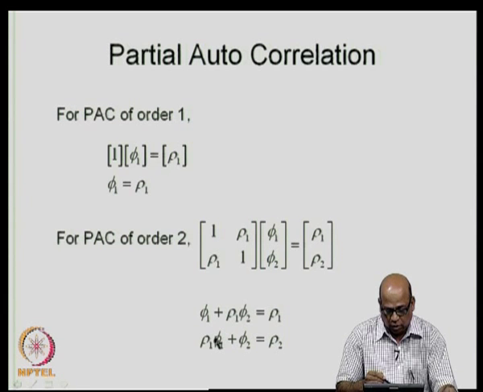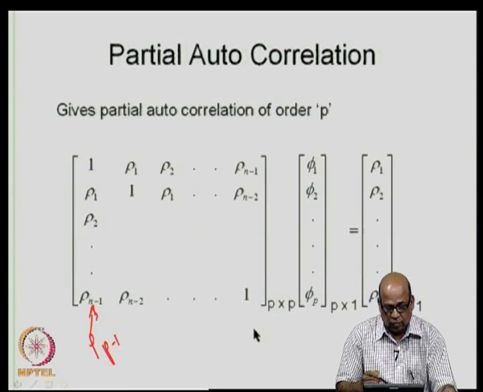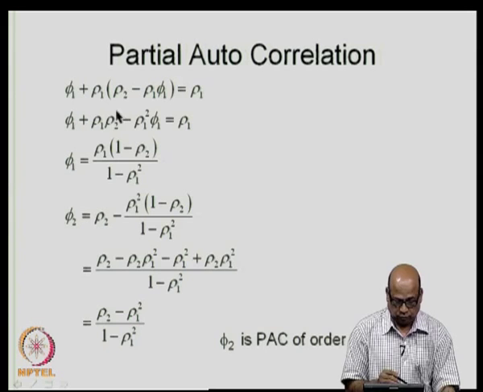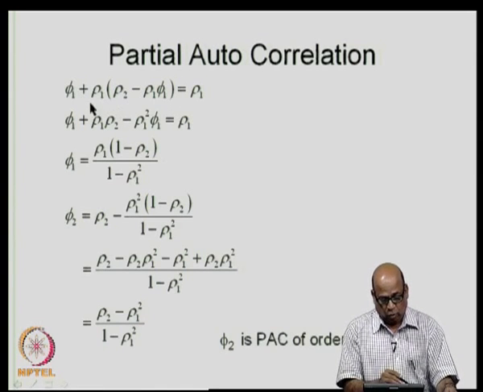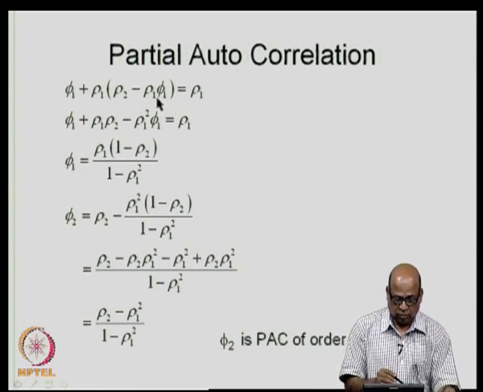For phi 2 you have rho 1 phi 1 plus phi 2 is equal to rho 2, so phi 2 you will substitute as rho 2 minus rho 1 phi 1, and this you write as equal to rho 1.